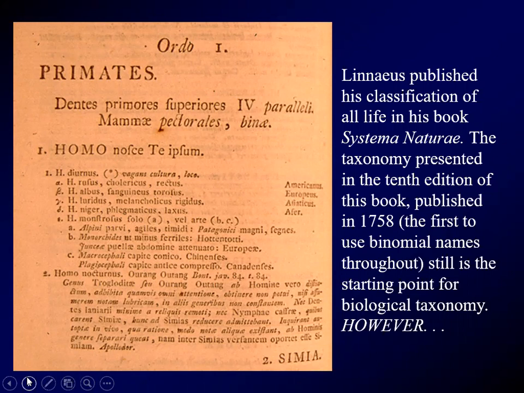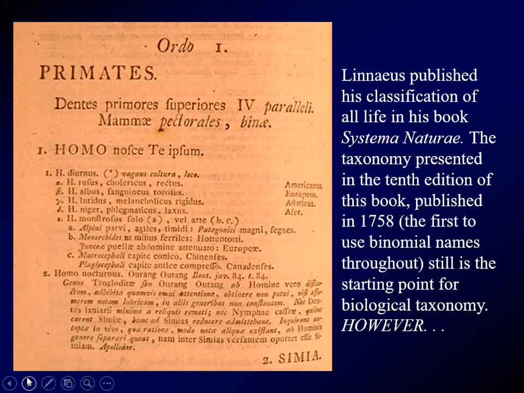So here, this is a page for it. His first order of mammals, that's ordo up there, is primates, which he defines as dentes primores superiores quatuor paralleli mammae pectorales vinae. Upper front teeth are 4 and they're parallel. So 4 upper incisors that are straight.